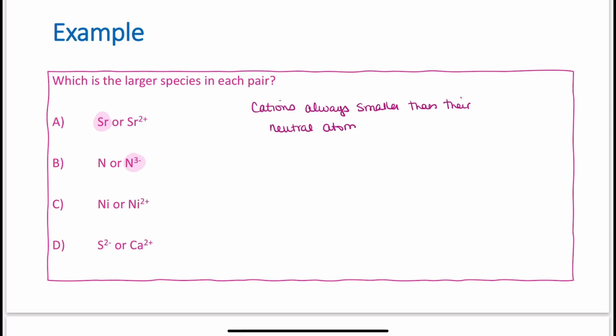Nitrogen or nitride? Nitride. Anions, always larger than their neutral atom.